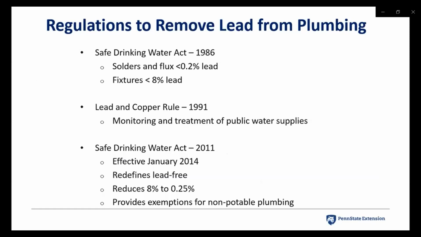And so when all this was occurring with public systems, we started a lot of our work on lead with private systems. In 2011, there was the Safe Drinking Water Act amendment, which went into effect in 2014, which redefined what lead-free was, reducing the 8% fixture maximum down to 0.25%.